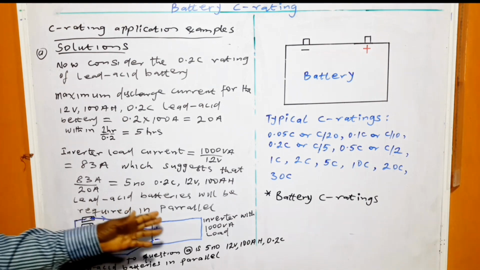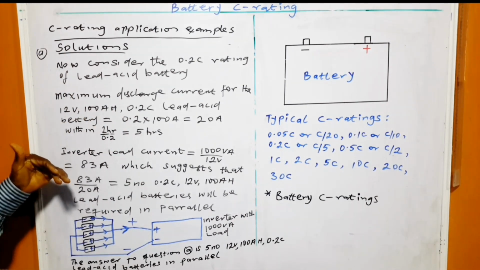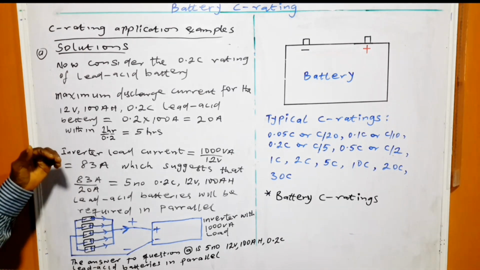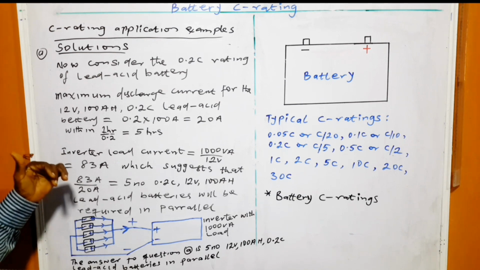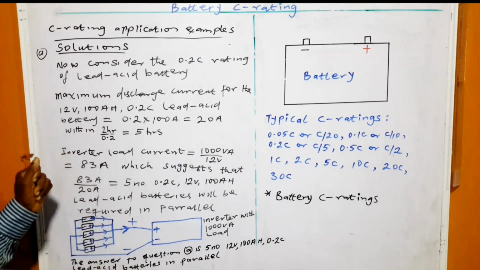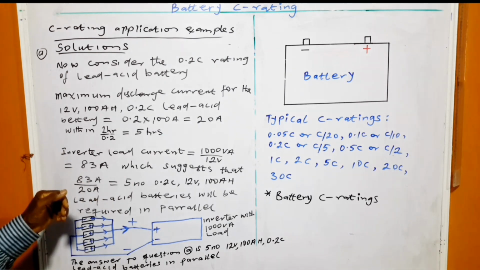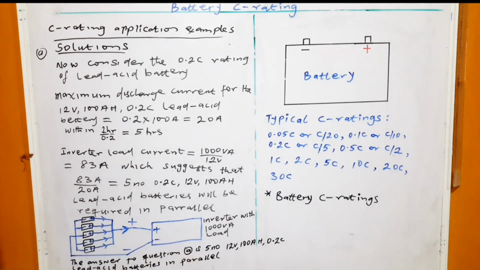Initially, from the battery bank capacity, there was a suggestion that 2 lead acid batteries could be used in parallel, but by applying the C rating factor, we have more information which gives us the final answer: the number of lead acid batteries to be used will be 5 in parallel.